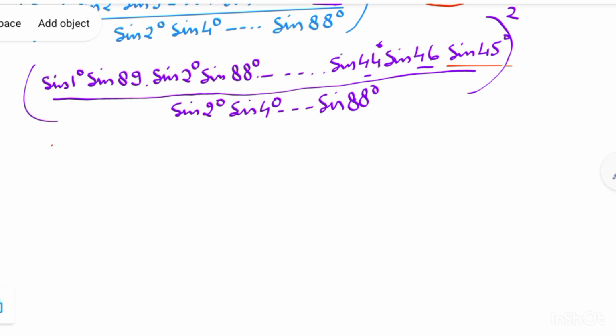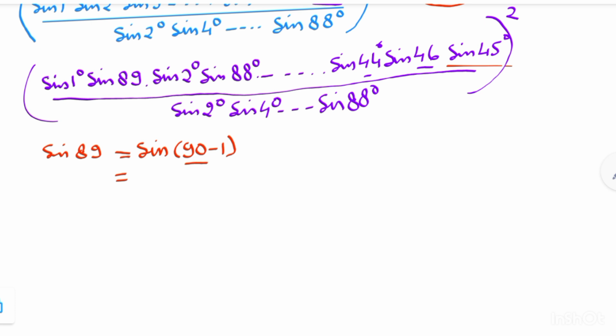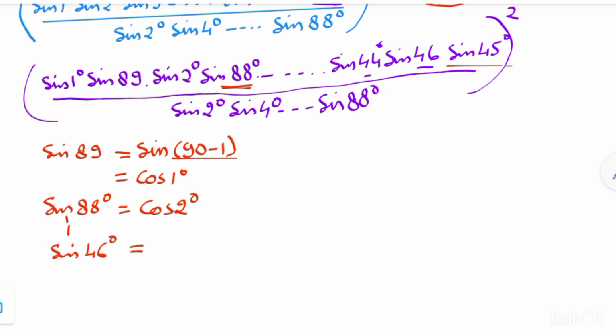Now sine 89 can be written as sine of 90 minus 1, and sine of 90 minus theta is cos theta, so this will be cos 1 degree. Similarly, sine 88 degree can be written as cos 2 degree, and in the same pattern we can write, and so on, sine 46 degree will be equal to cos 44 degree. Now we will substitute these values.